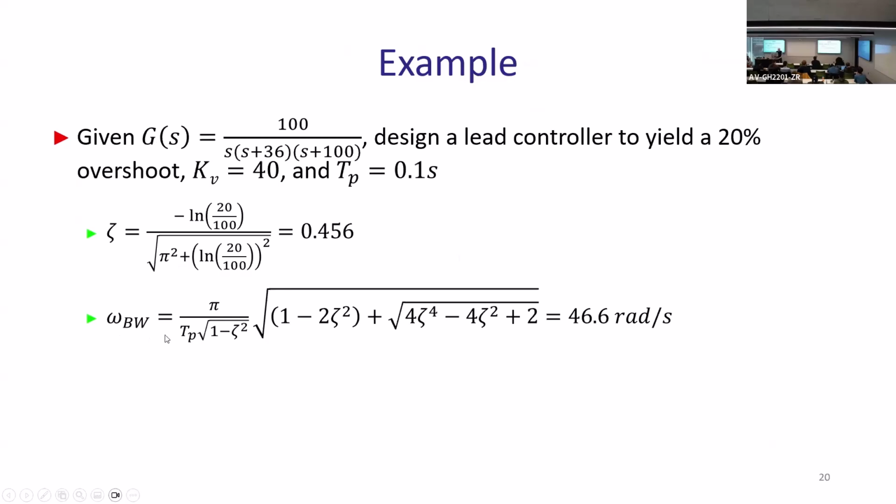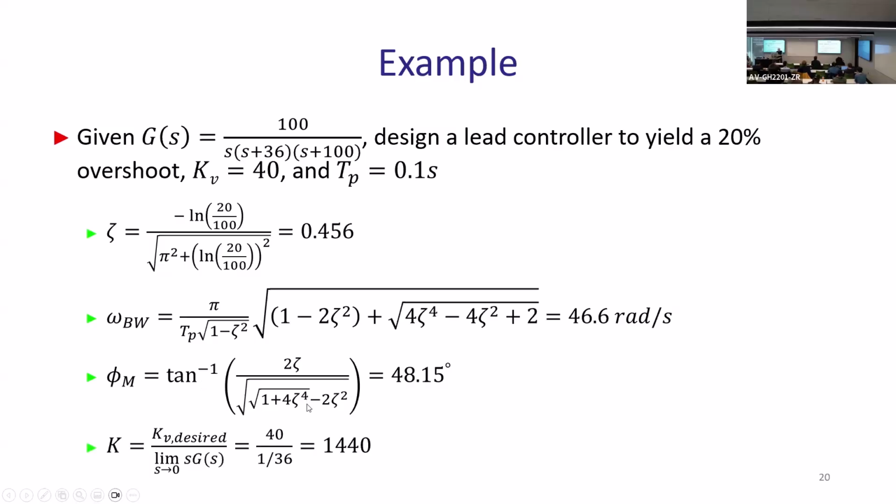Omega bandwidth, since you have T peak, you're computing using that formula, getting 46 radian per second. Phase margin, which is the desired phase margin at the particular crossover point, is 48 degrees. Okay. Again, just using the formula for tangent from that methodology.